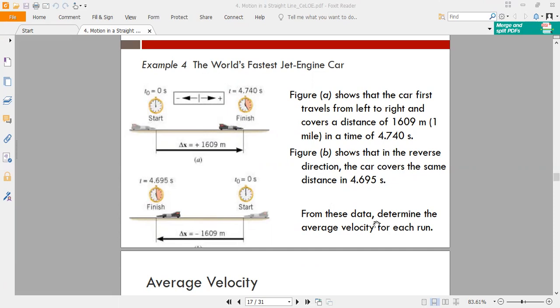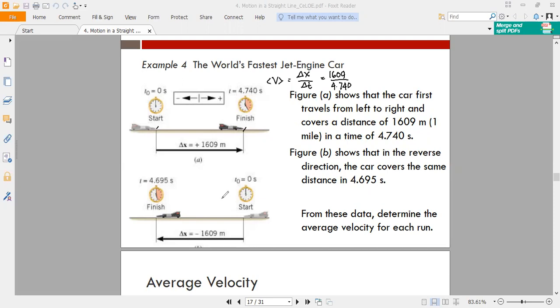Okay, and we need to determine the average velocity for each run. So it's very easy. The delta x for the first case. So remember that average velocity is equal to delta x over delta t. And the delta x is from 0 to 1,609 over 4.774. So this is the answer.